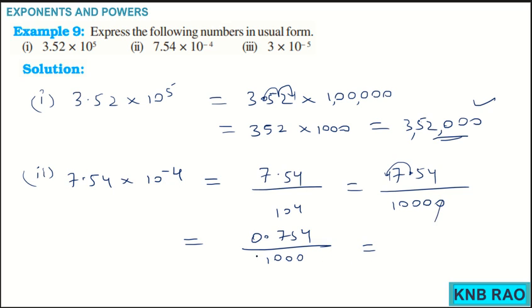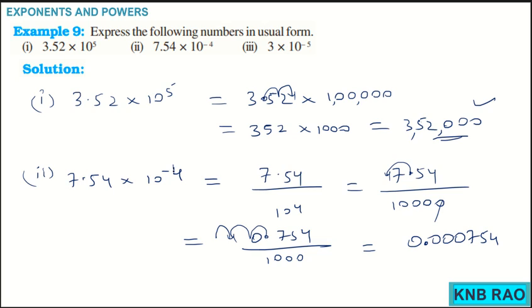If we divide this number still further, the point has to shift, and one more 0 comes when it shifts one more place. So in total, 0.000754 will be the value of 7.54 into 10 to the power minus 4.